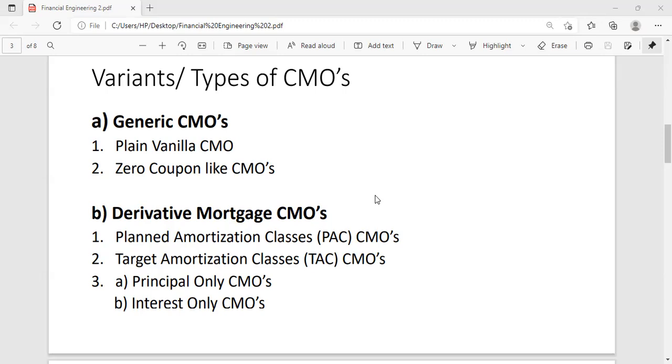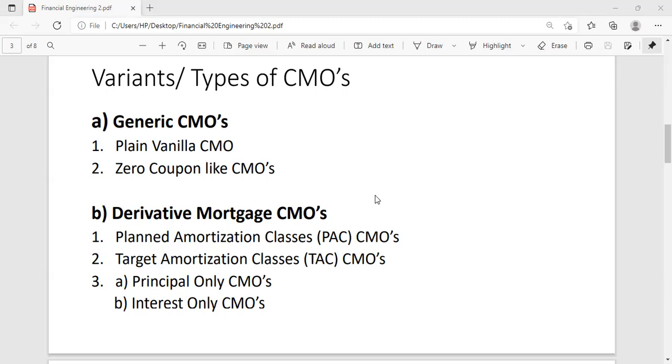As I said, there are tranches backed by the pass-through certificates, and in that case, all the tranches receive the interest, but only one tranche at a time receives the principal. And once the principal is repaid on that particular tranche, the second tranche becomes the fastest pay tranche, and it is paid the principal.